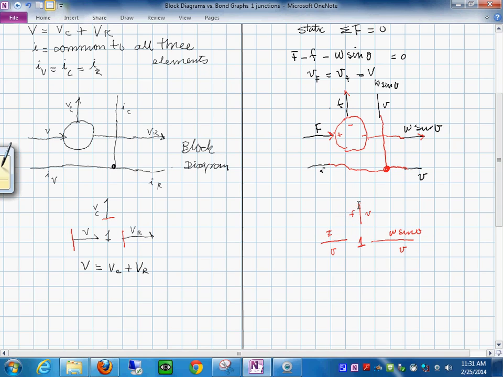But you could have one of these flows, but set the flow for everybody else. If it is like this, then this one will also have to be like this. See, it is flowing, and out of each one flow out. So this is the way we represent the one junction in the bond graph notation.